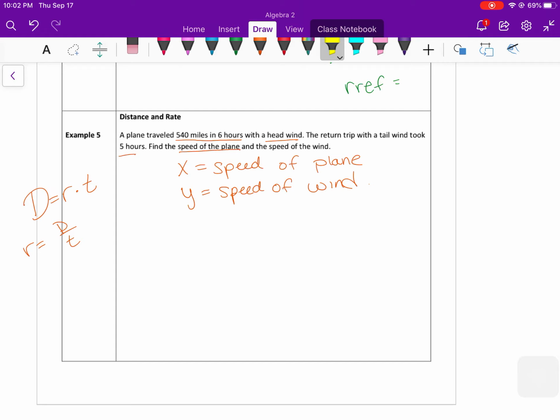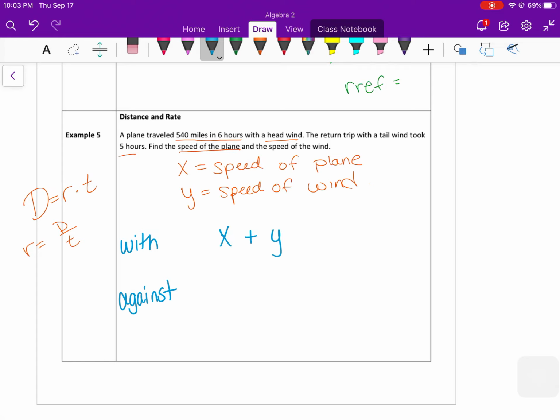In this situation, you have two scenarios. You're either going with the wind or against the wind. With the wind, the speed of the plane plus the wind speed is working together.